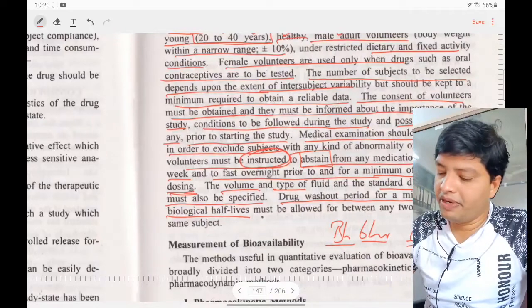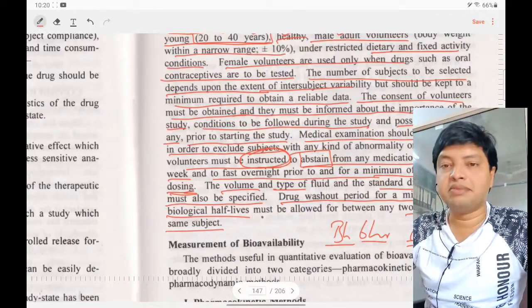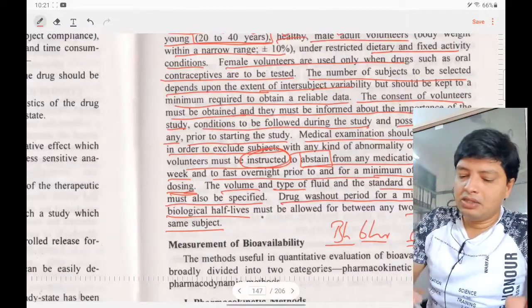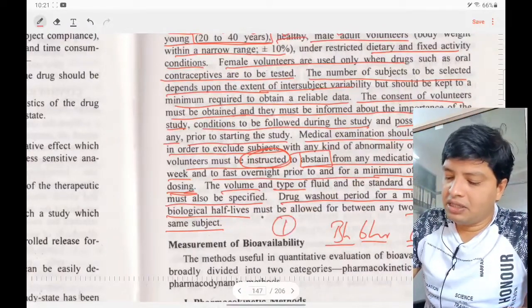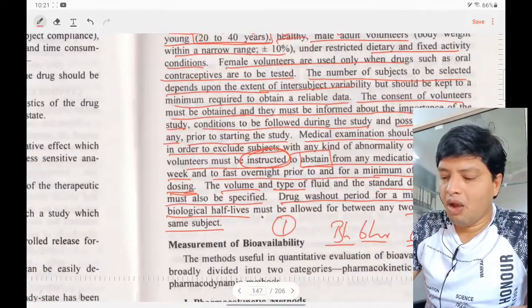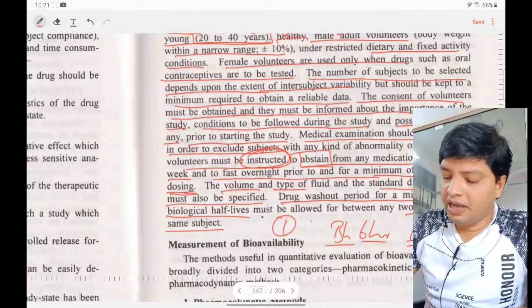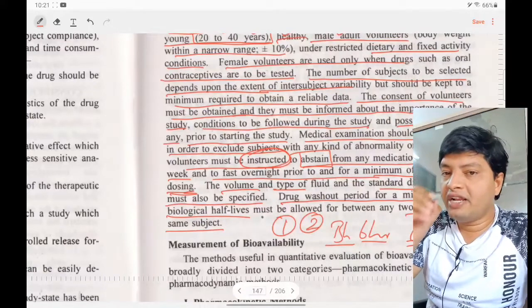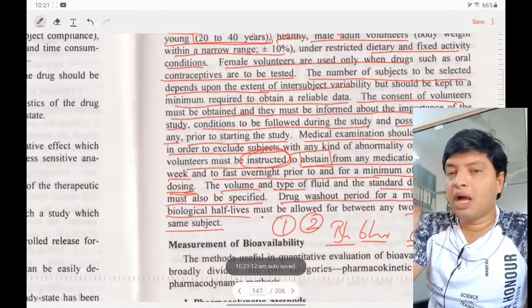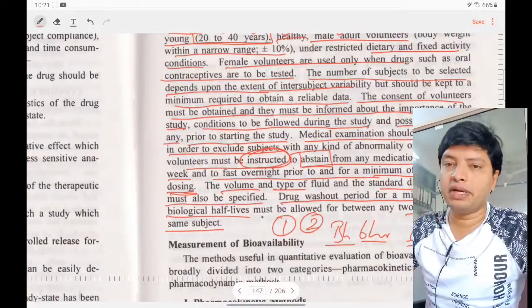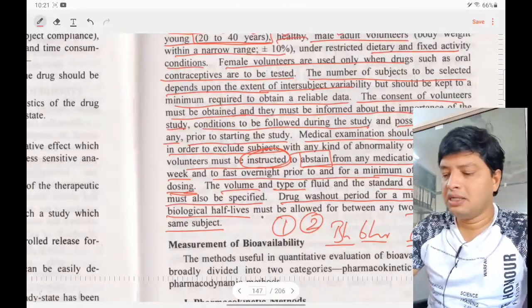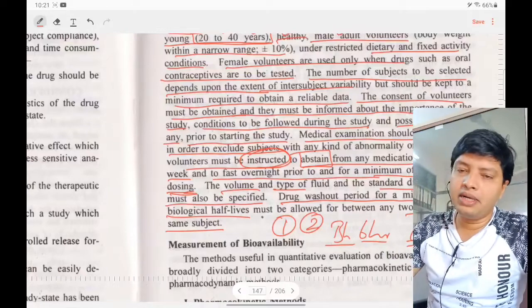It must be allowed between two studies in the same subject. See, if I am conducting one bioavailability study in the subject, first one tablet study, and if I want to go for a second bioavailability study, you should wait for 10 biological half-lives, that is the washout period. After the washout period only you can go for the second bioavailability study.